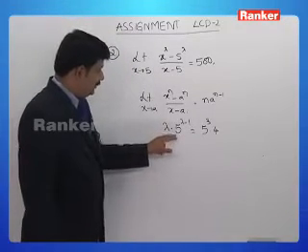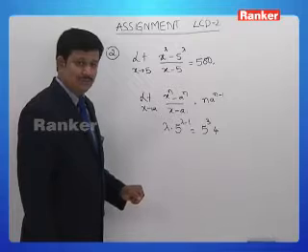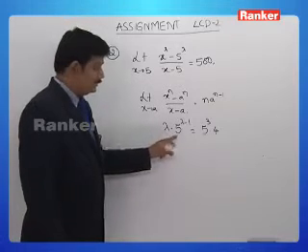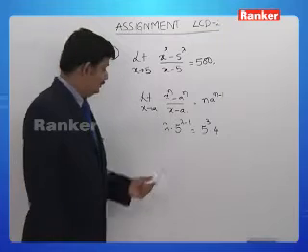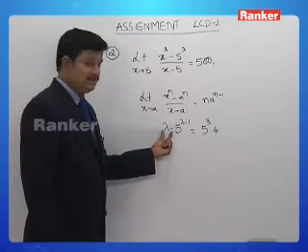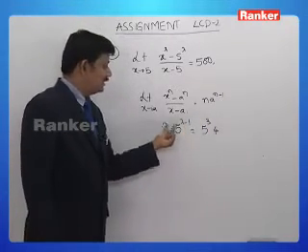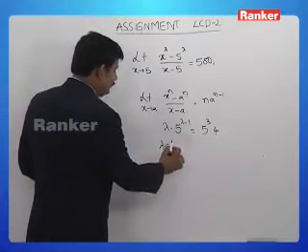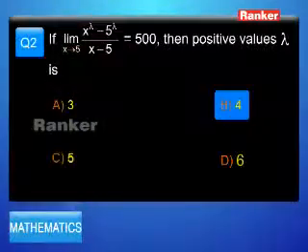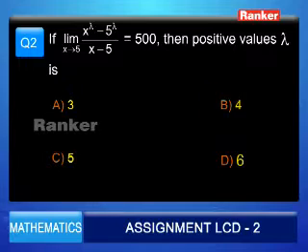Now we have 5 power lambda minus 1 into lambda given to be equal to 5 power 3 into 4. From this equation you can directly see that lambda equal to 4 satisfies the given equation. So lambda has to be 4, or among the options it's B.